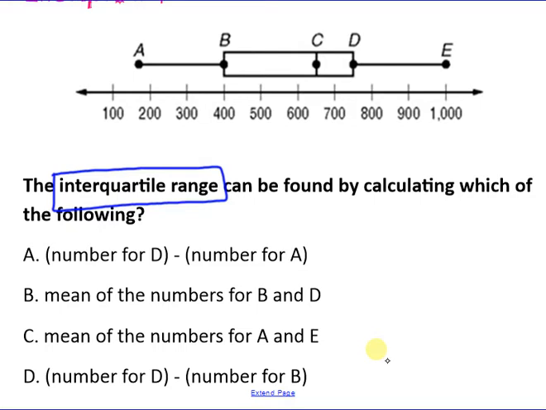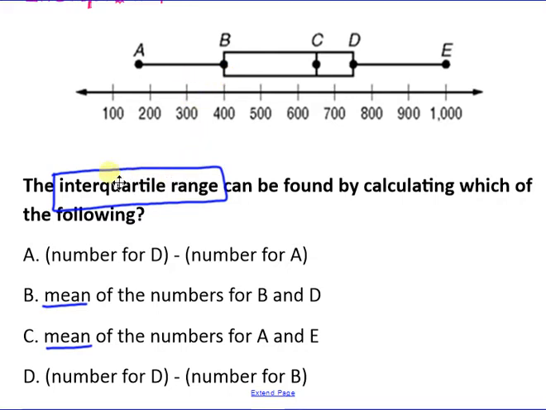We may have to use the mean when we get down to 2 numbers and we're trying to find the median, but other than that, we really don't use the mean. We use the median. It's all about the median. And so when you see answer choices that talk about a mean, they're usually incorrect, okay? But let's go ahead and solve the problem anyway.